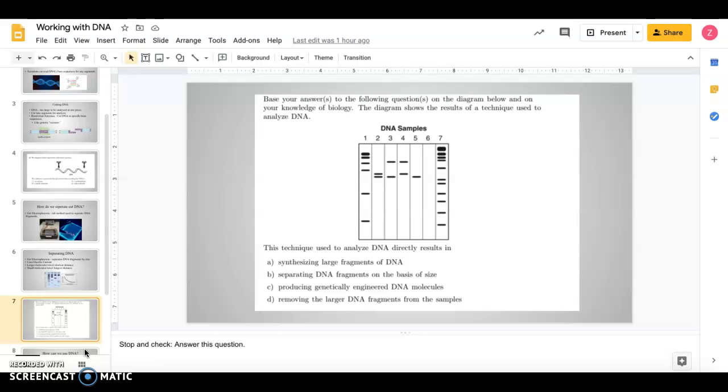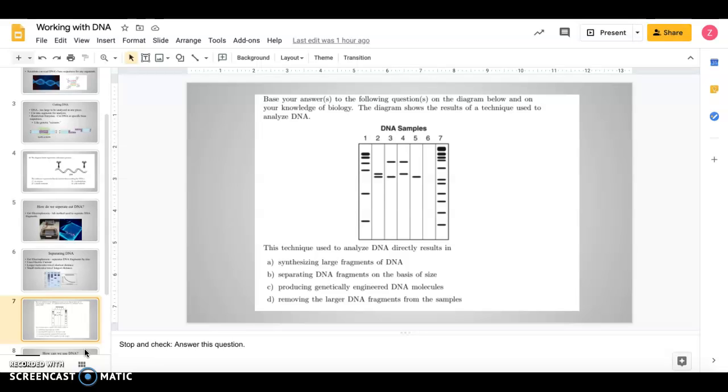Let's stop and examine this. Base your answers to the following question on the diagram below and your knowledge of biology. The diagram shows the results of a technique used to analyze DNA.